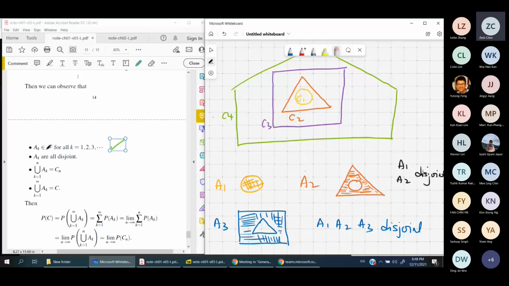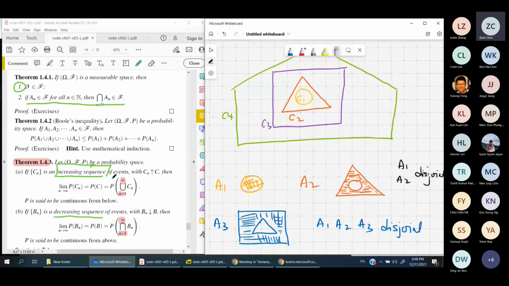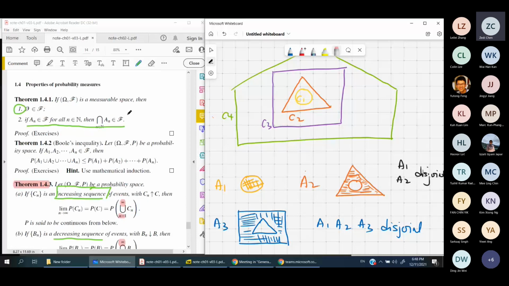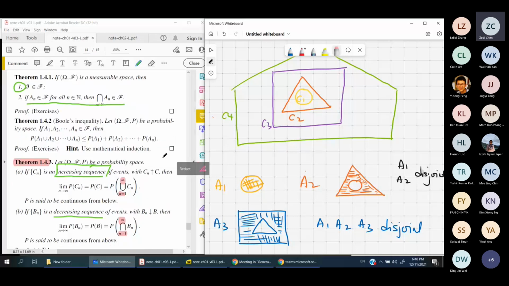And all these are events. Yeah, you need to use Theorem 1.4.1 here. If the An are events, then the intersection of them must be an event too. Okay, so that's why we can have this.